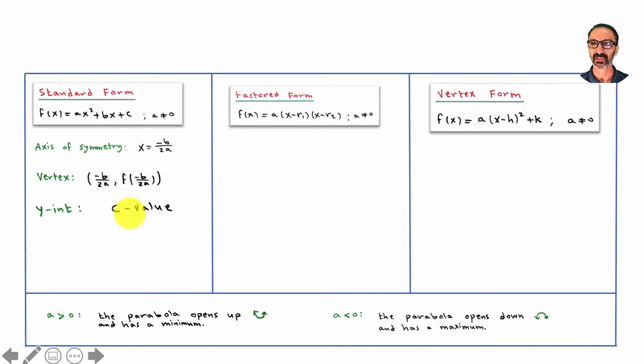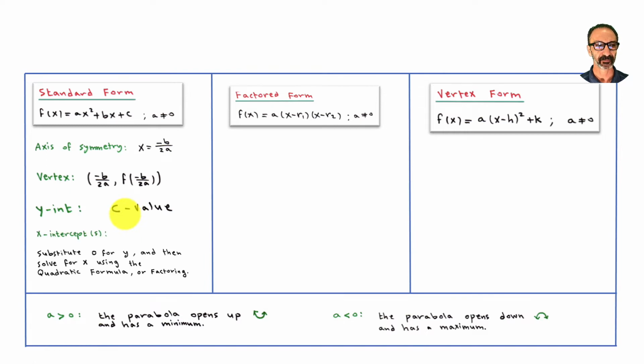So c will be the y-intercept, which is a good point to know if you're graphing the function by hand. The x-intercepts, to find them, you need to set y equals 0. And after that, either you use factoring techniques, or if you can't factor, because sometimes it's hard to factor, especially with decimals and irrational numbers, you need to use the quadratic formula.